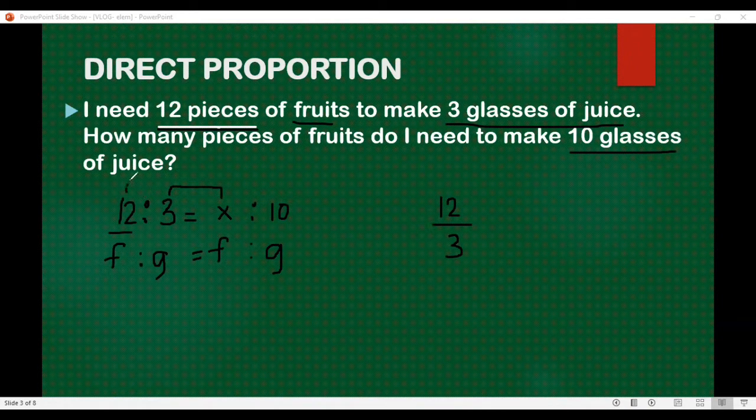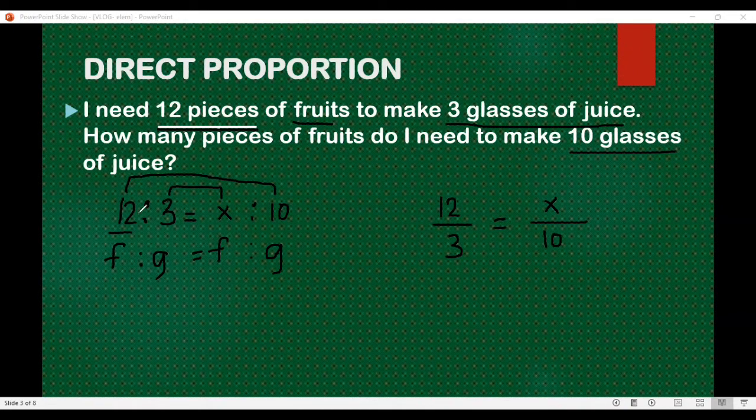That is how we deal with direct proportion. Anyway, we can do that also with our fraction. So 12 over 3 is equivalent to x, which is now the number of fruits, which is actually our problem, and that will be over the 10, which is the number of glasses.